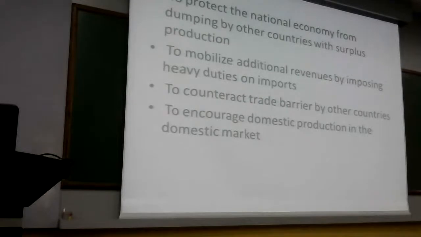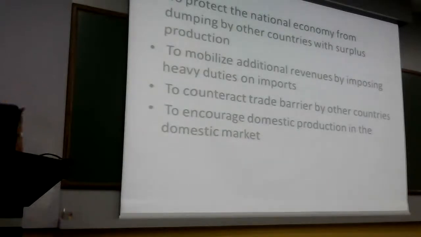You have to encourage your domestic market production, as I said in the first point itself. Otherwise, what will be the future of your domestic market? You are simply giving the money to the foreign countries. Their economy is getting boosted. What about your economy? What about your domestic marketplace? So you have to encourage them.